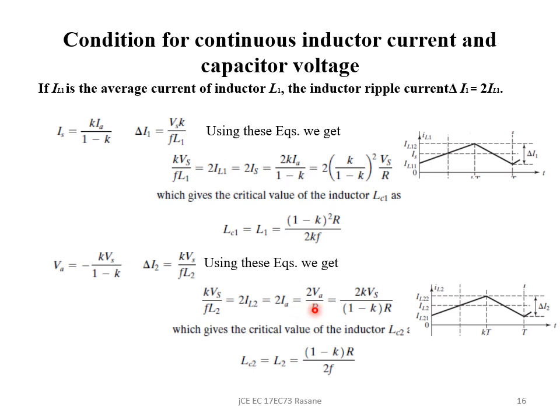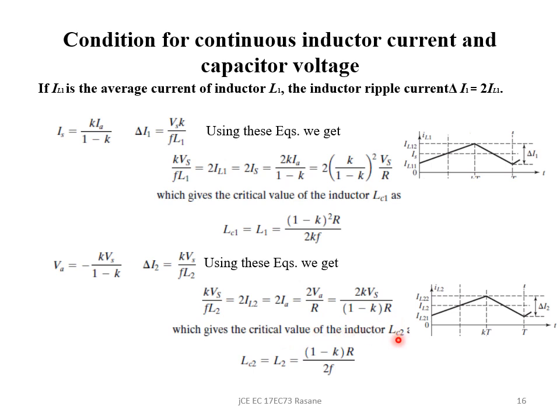So this will be equal to KVs upon FL2 equal to 2 IL2, which is equal to 2 into the load current Ia. So this can be equated to 2 into Ia is VA by R, which is equal to 2 into KVs upon 1 minus K into R.